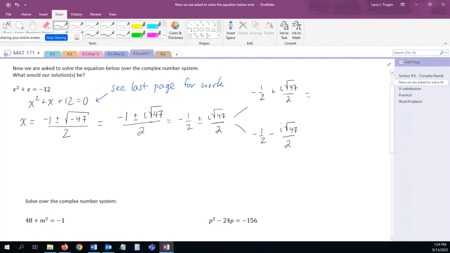The only other way that you may see this, and the book I used to teach from was very particular about this, is since that root is in the numerator, it would put the i to the right of the fractional part of the complex number.